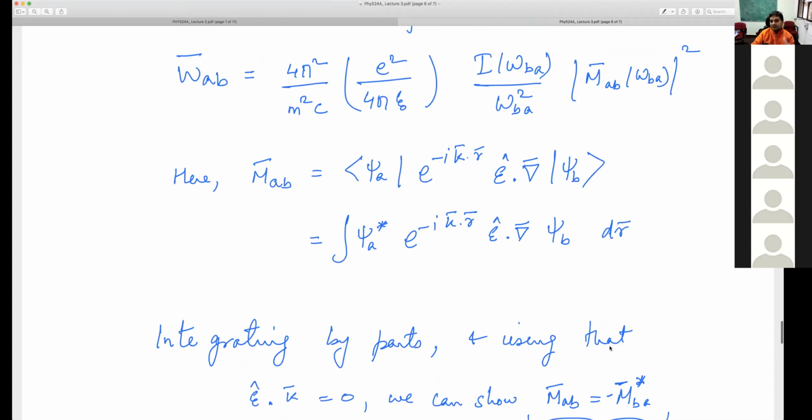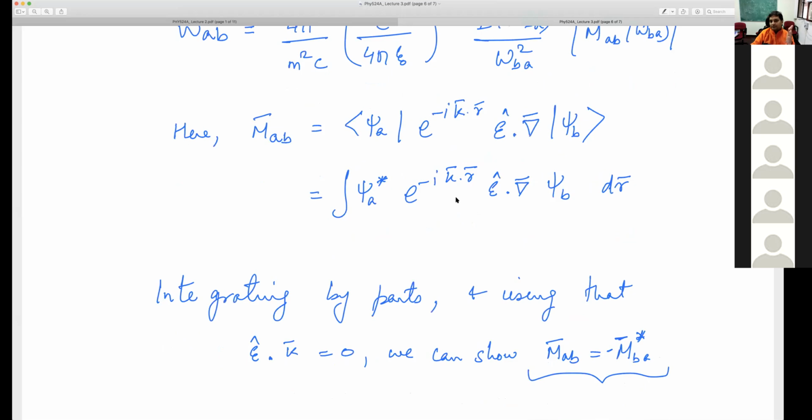And this is even easier to see if you are in the dipole approximation. So e to the power i k·r is 1. So I just have ψ_A and ψ_B which are interchanged between M_BA and M_AB, basically. So this you can show explicitly.